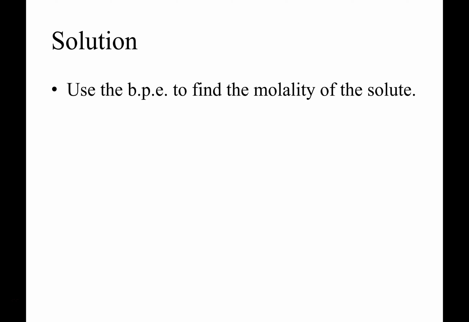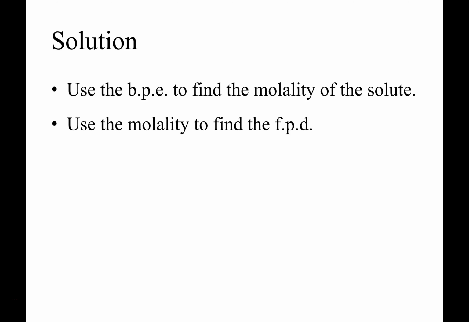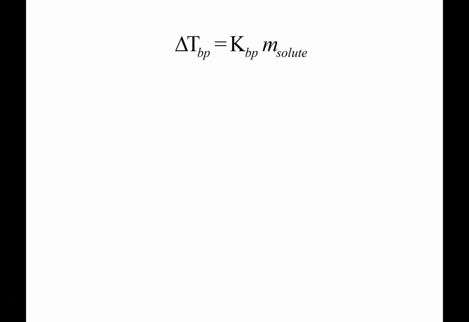So again, what are we going to do? We're going to see what sort of elevation we have due to the presence of a solute to get to the molality of the solute. Once we know the molality, we can get the freezing point depression. We can apply that delta T FP to get its new freezing point temperature.